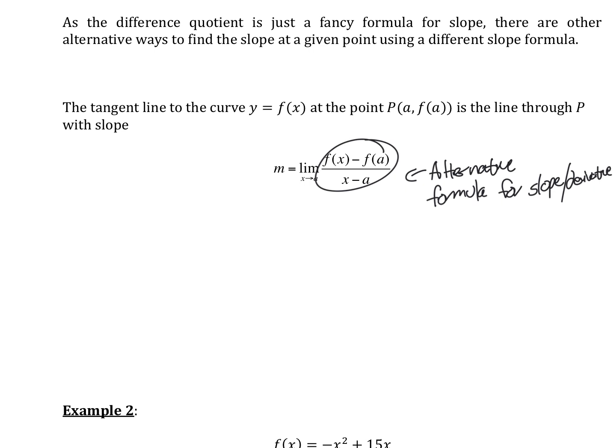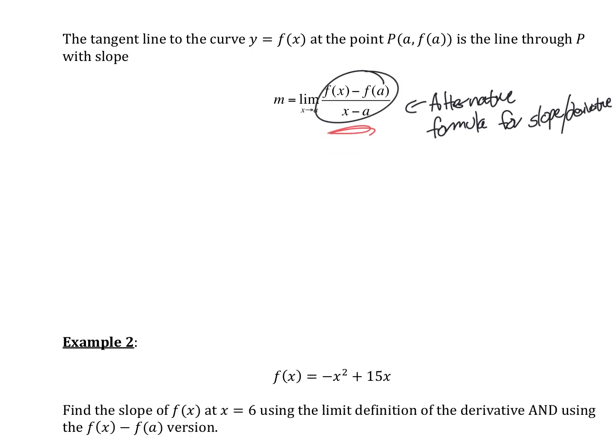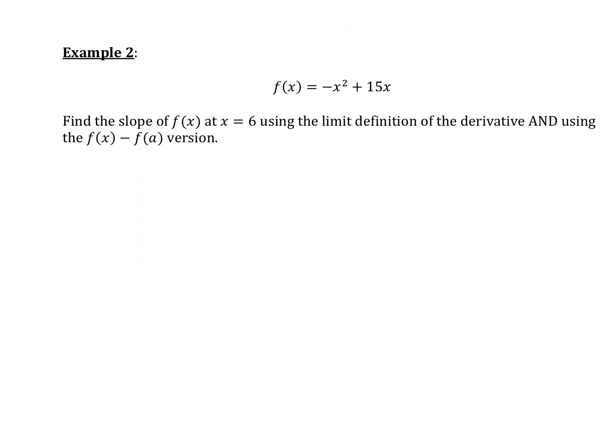So let's take a look at 2 examples real quick, and see why this version, what we call the x minus a version, is a little bit easier at certain times to find the derivative.